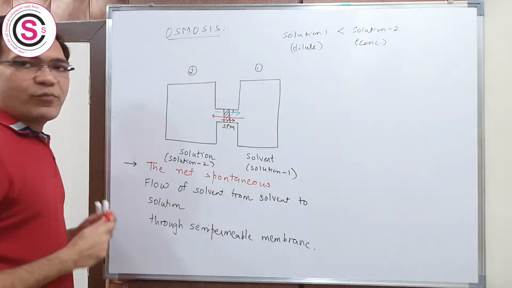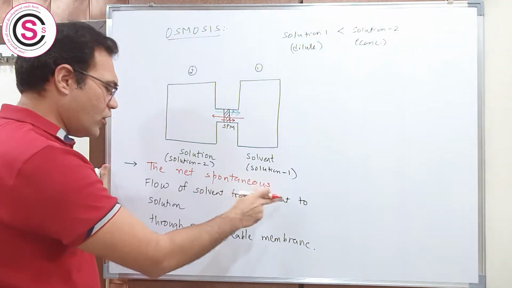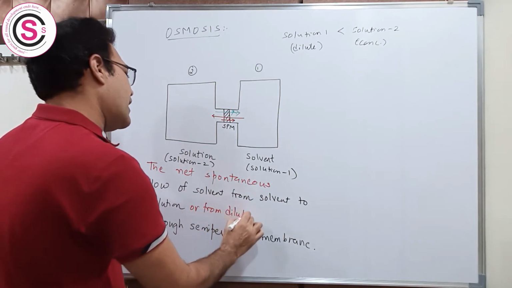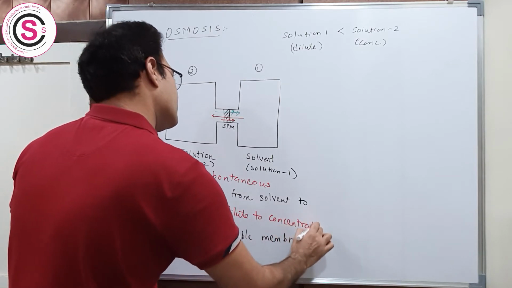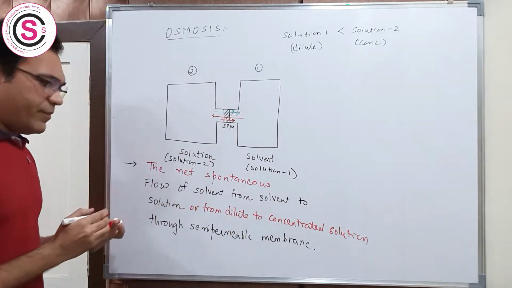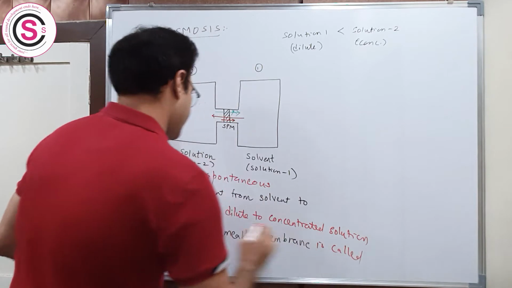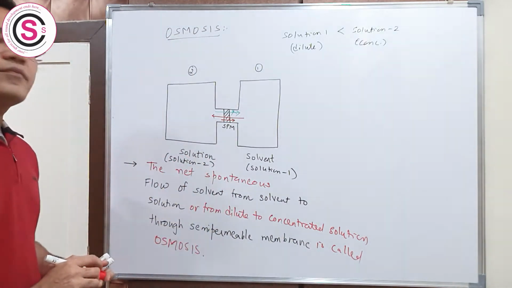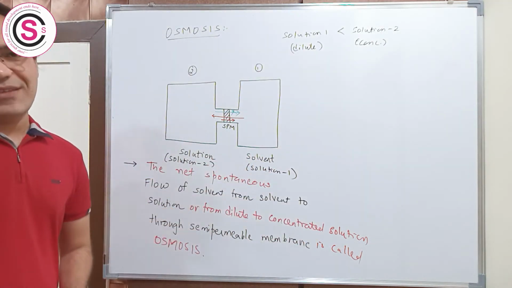So I need to mention here that the net spontaneous flow of solvent from solvent to solution or from dilute to concentrated solution through a semi-permeable membrane is called osmosis. Correct? Now my dear students, this is the complete definition of osmosis.